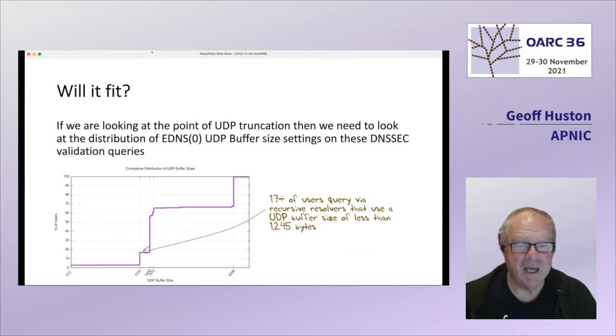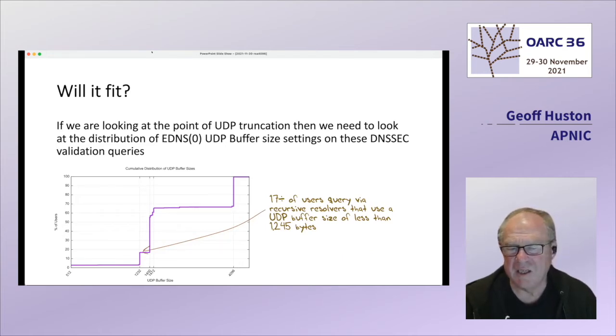We actually had a bigger look at this whole issue of offered EDNS0 buffer sizes, and this measurement was taken in September of this year. And 17% of users, not resolvers, users, query via recursive resolvers that use a UDP buffer size of less than 1245 octets.